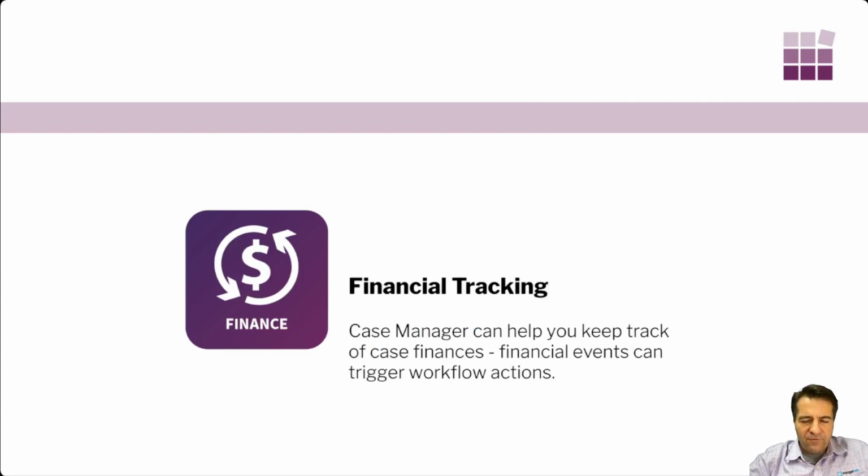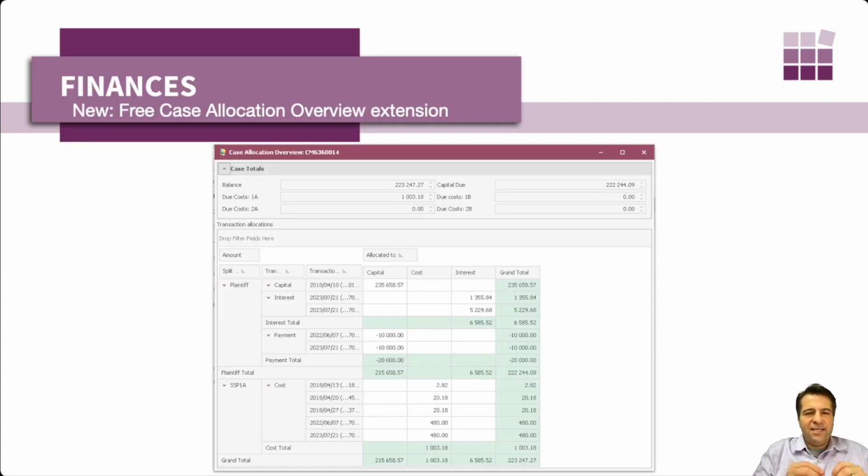Then around finances, we created a new extension. With Case Manager, we have this feature where you can allocate credits to multiple debit entries. Now, it's sometimes not easy to know exactly to which debit entries those credits have been allocated. So we designed and developed this extension. And this is a great example of how flexible the extensions can be.